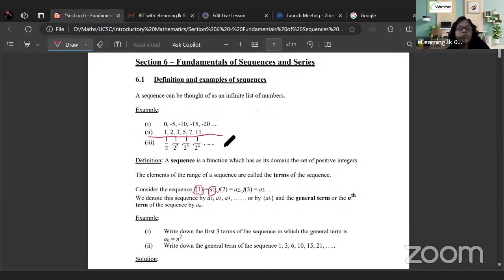First term is 1, second is 2, third is 3, fourth is 5, and the fifth term, or a5, is equivalent to 7. Right?